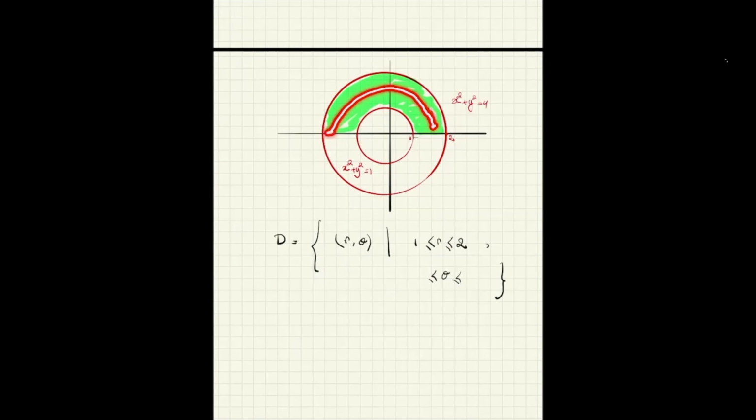Each time you fix some r, it varies over the same range. So that's the description of the region.